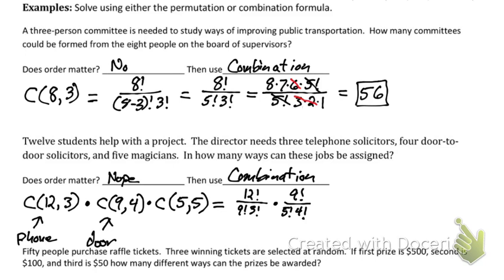If you need to put the notes in there, you can. So that 9 came from 12 minus 3. This 5 came from 9 minus 4. And then we're going to have times 5 factorial over 5 minus 5 is 1 factorial times 5 factorial. This one is 5 minus 5.